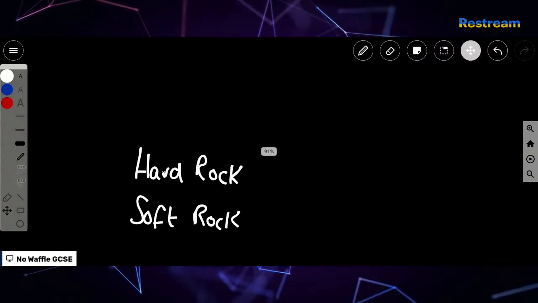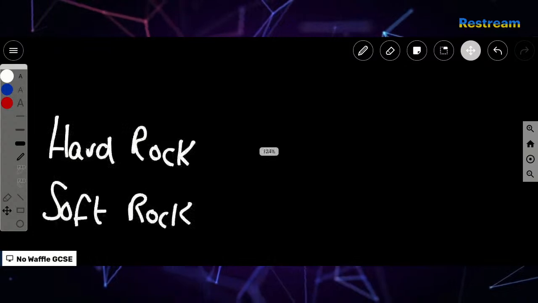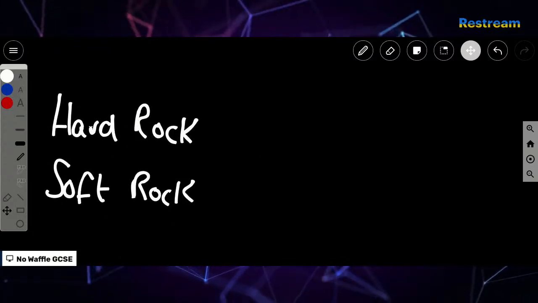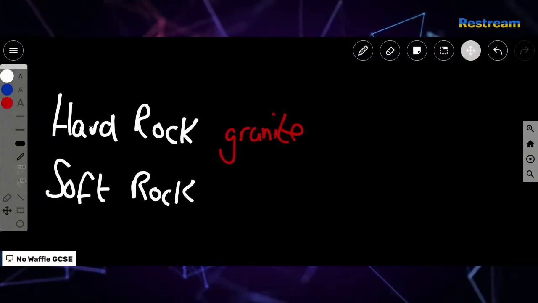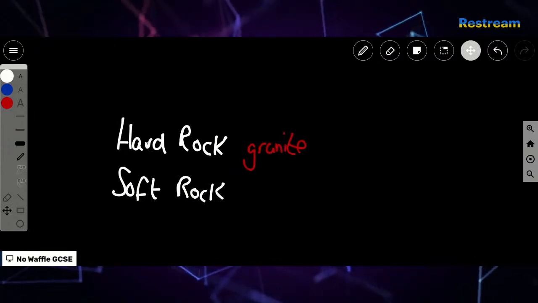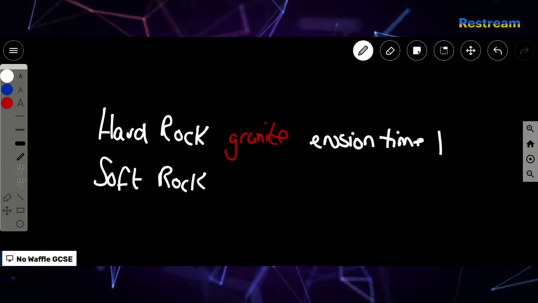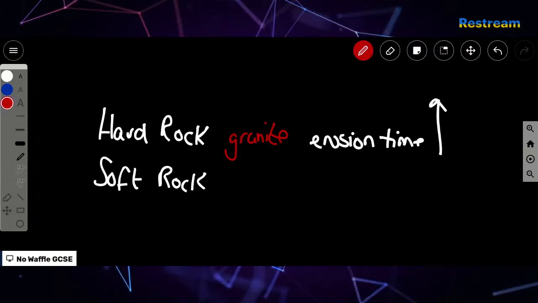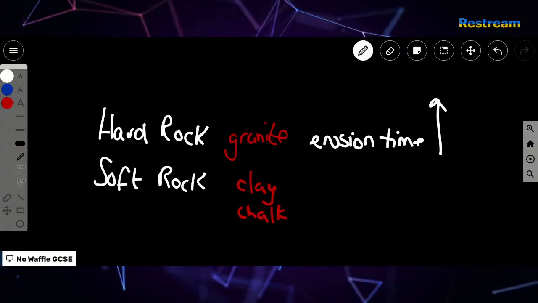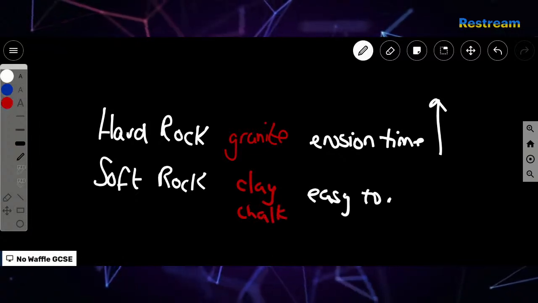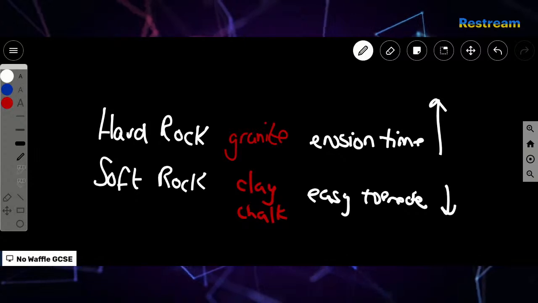Hard rock, for example granite, takes a long time to erode, so the erosion time is very long. Whereas soft rock, something like clay or chalk, is very easy to erode, and therefore the time it takes is much less.